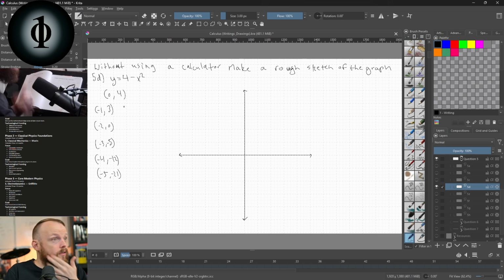All right. When x is 1, it's 3. Obviously, I know what this is going to yield because it's squared. It's parabolic. 2, 4, 0. So 2, 0. Then 3: 9, 4 minus 9 is what?